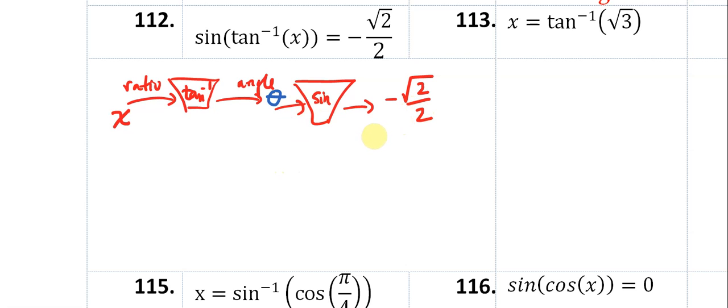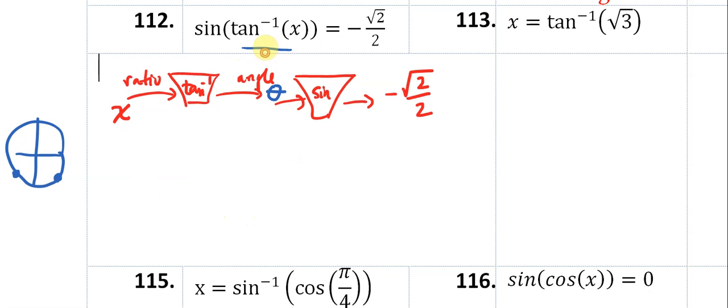Now there are lots of different answers to this problem. We can look at the unit circle. Negative root 2 over 2 for sine is this point, and this point, plus or minus 2 pi n. So we can substitute theta for tan inverse of x, and think of this problem as sine of theta equals negative root 2 over 2.